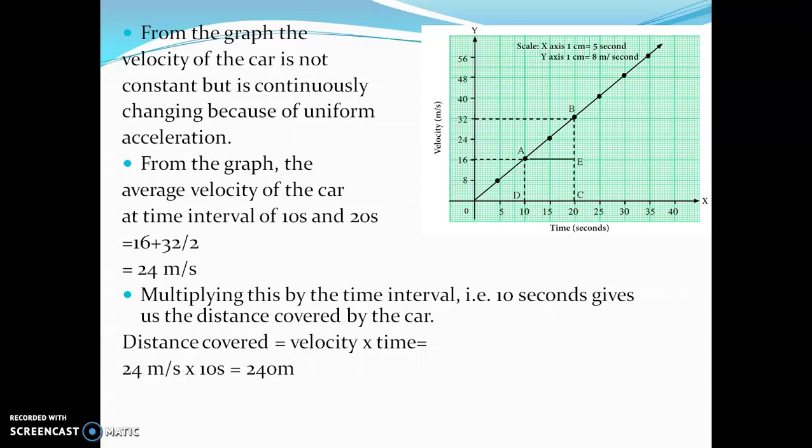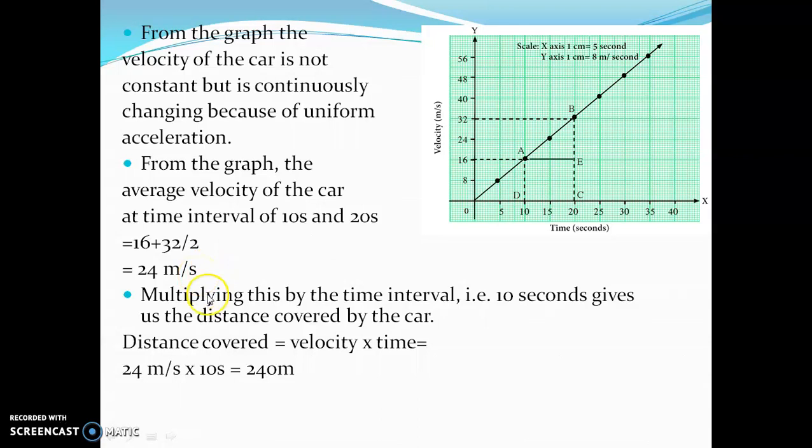So, from the graph, the average velocity of the car at time intervals of 10 seconds and 20 seconds is 16 plus 32 divided by 2. At 10 seconds, the velocity is 16. At 20 seconds, the velocity is 32. So, the average, you all know how to find average, 16 plus 32 divided by 2 is equal to 24.